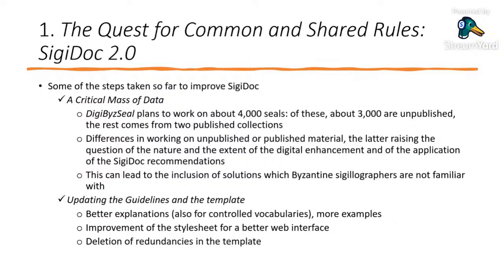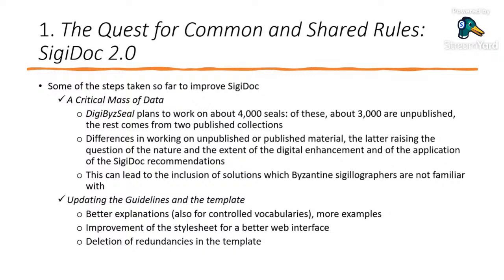So the task is for us to adapt the different choices made by sigillographers in their paper publications to our data model, to sigillographic.